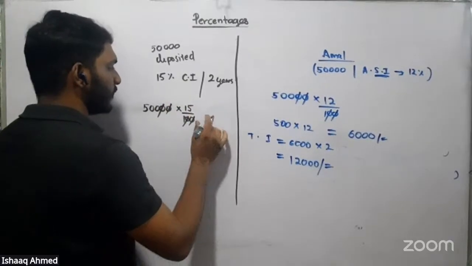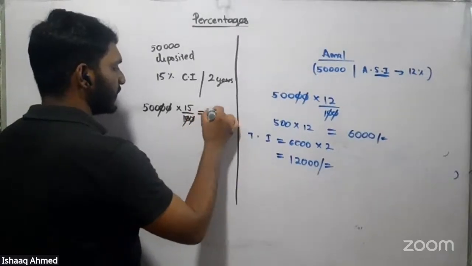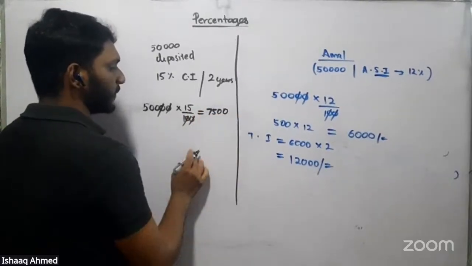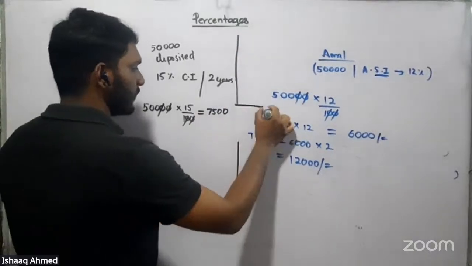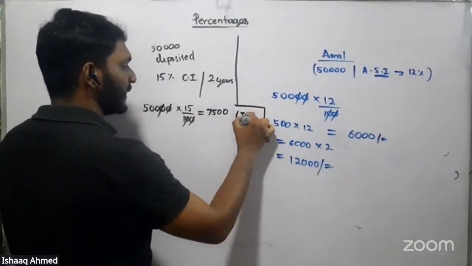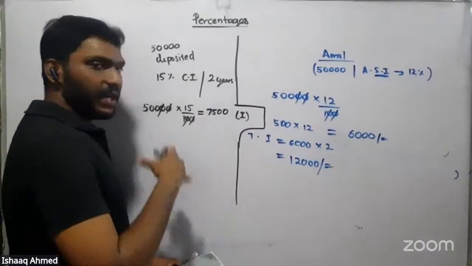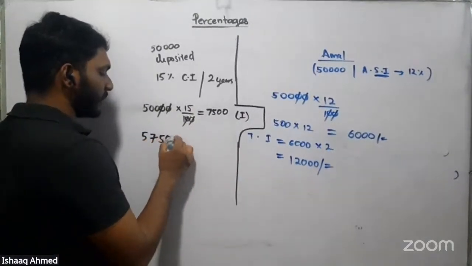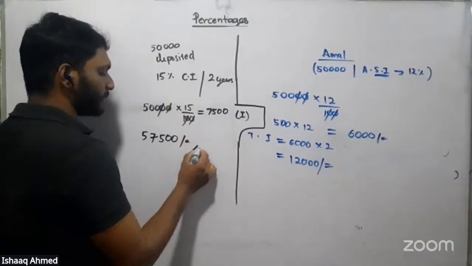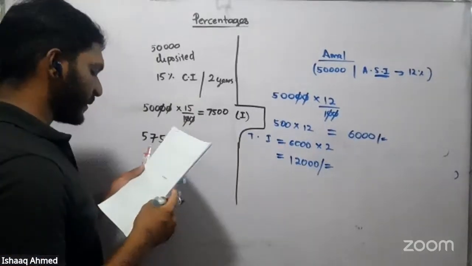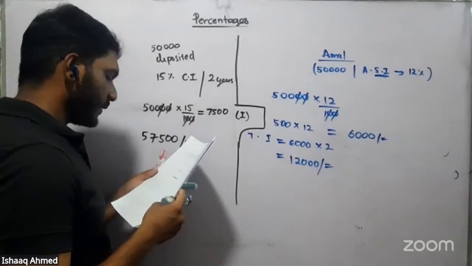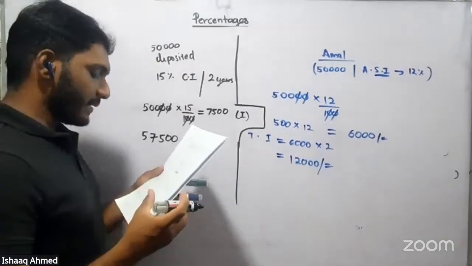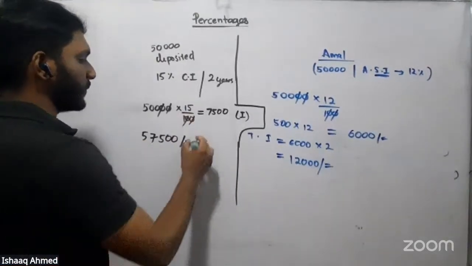So 500 into 15, that is 7,500. This is the interest for the first year. So at the end of the first year, how much will be there in his account? 57,500 will be there. This is the second question's answer. At the beginning of the second year means at the end of the first year.